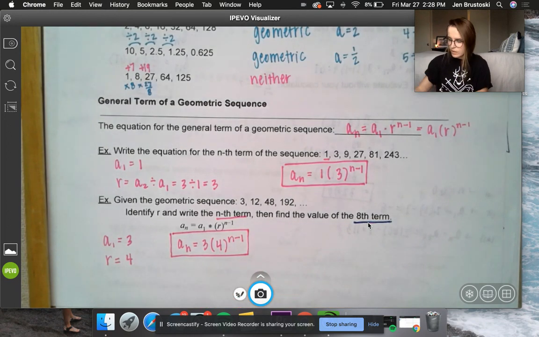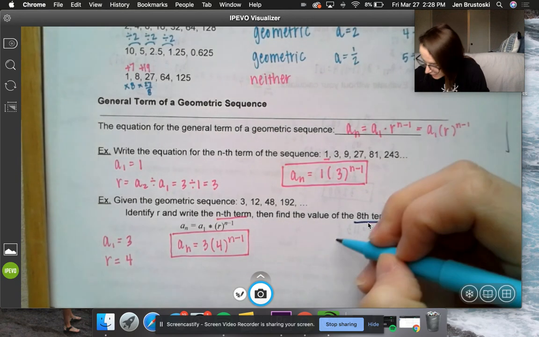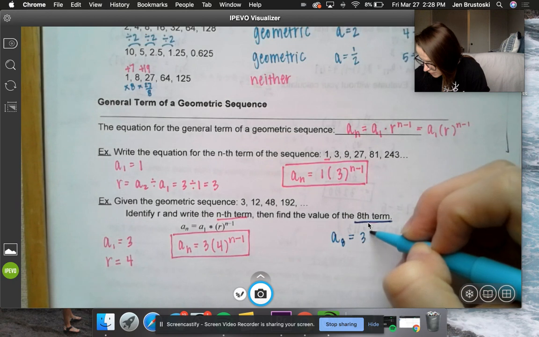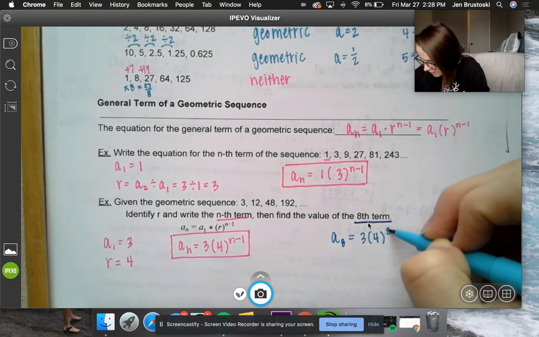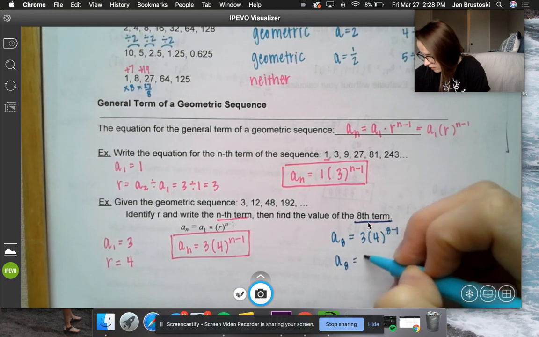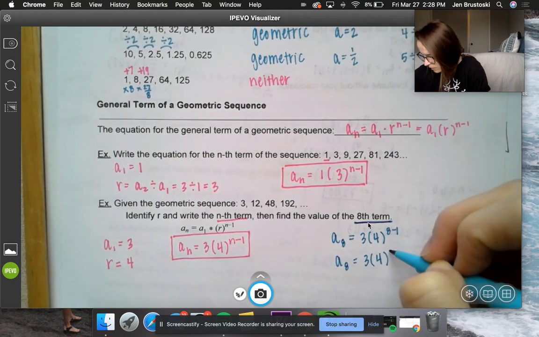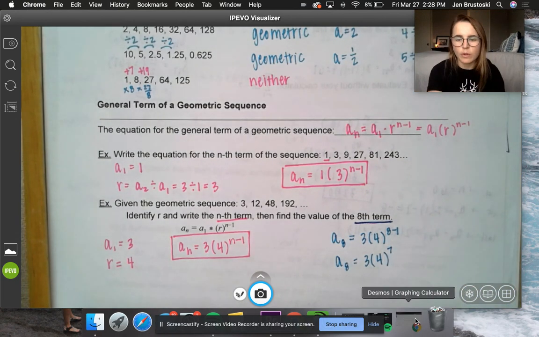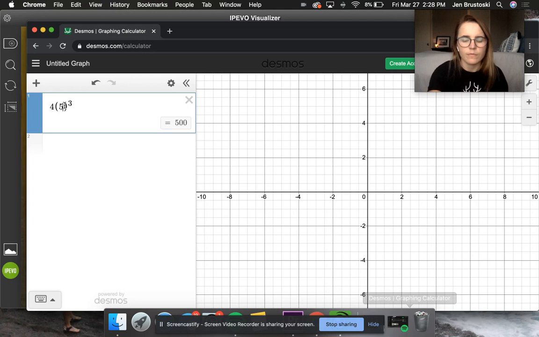Part 2, we need to find the 8th term. So we need to find a sub 8. 3 times 4 to the 8 minus 1, or 3 times 4 to the 7th. I don't know what 4 to the 7th is off the top of my head, so I'm going to pull up Desmos. 3 times 4 to the 7th.